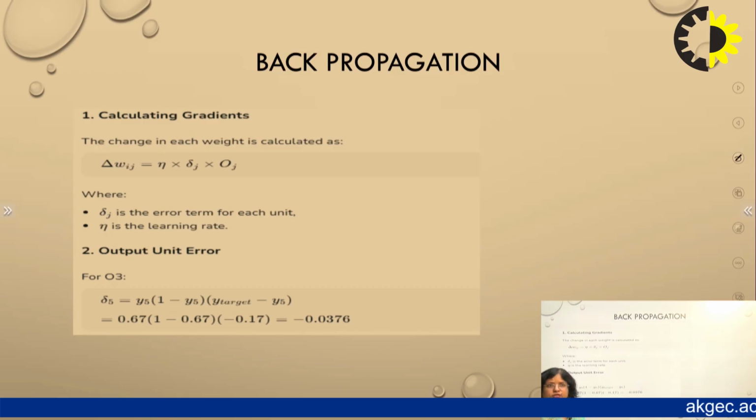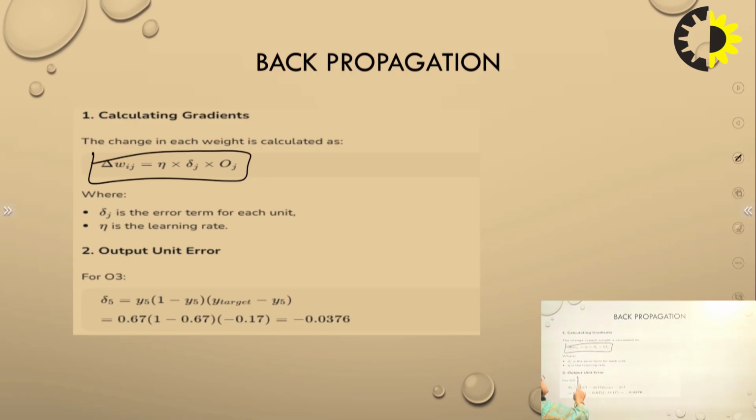By using backpropagation, we minimize this error. For minimizing the error, first we need to calculate the gradients. Gradients can be calculated by using this formula, where delta is the error term for each unit, and eta is the learning rate. First we calculate the output unit error at the output layer, the delta error term.